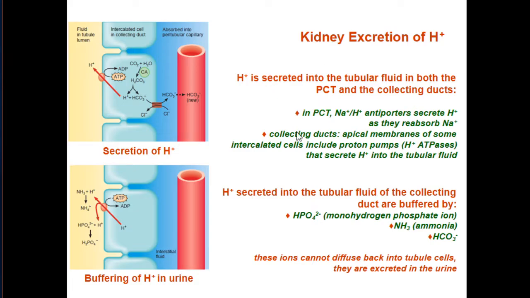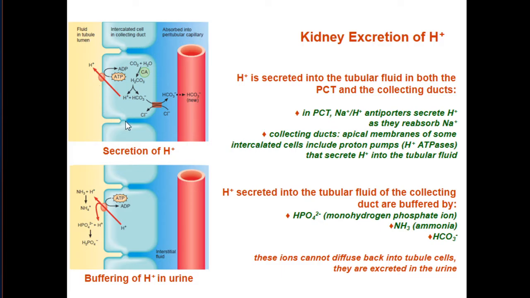In the proximal convoluted tubule, you have a sodium-hydrogen antiporter, which secretes hydrogen as sodium is reabsorbed. In the collecting ducts, the apical membranes of some intercalated cells have a proton pump, like you can see here, which will secrete hydrogen into the tubular fluid when it needs to be secreted.